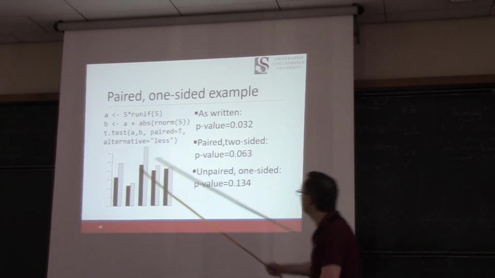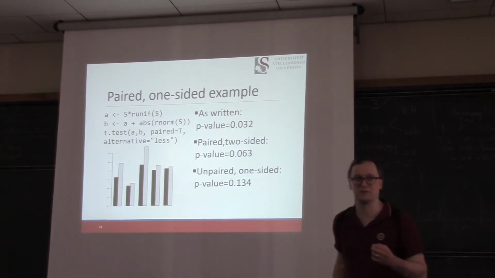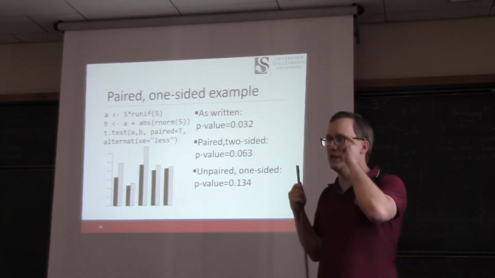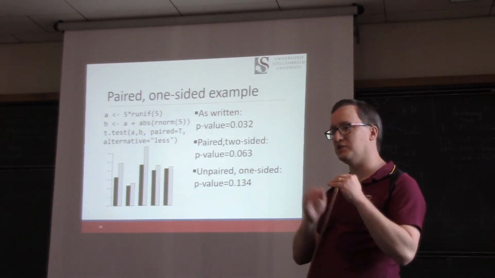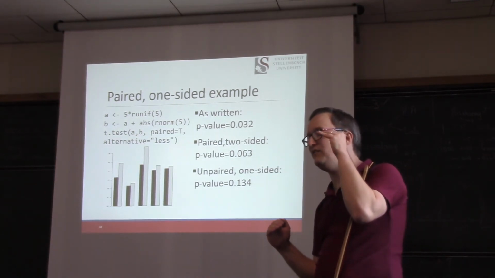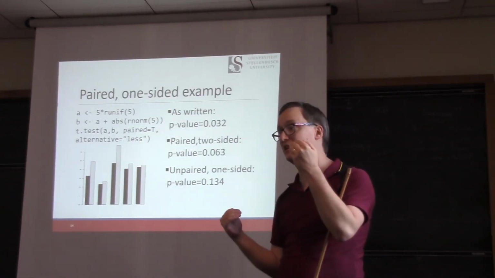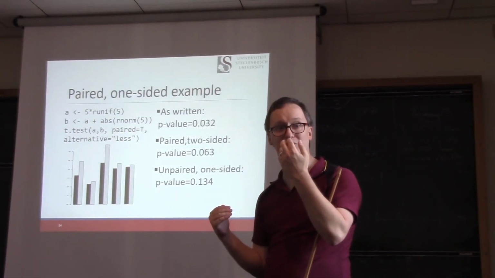So if you leave out this alternative equals less business, suddenly the p-value that comes back is different. The reason here is that if you are able to disprove the null hypothesis in only one direction, the p-values that you get back will be half the size for a given set of values.